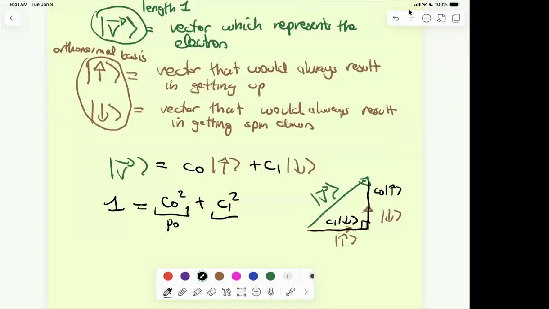So let's call them P0 and P1. Those are probabilities. And this is actually the interpretation, right? The coefficient squares, when you write down the vector as a linear combination, give you the probability that the particular electron would go up or down when you measure its spin.